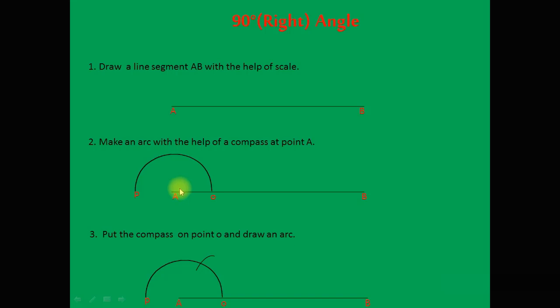Open your compass about 1 centimeter or 2 centimeter radius and put the compass here at this point A and draw an arc.